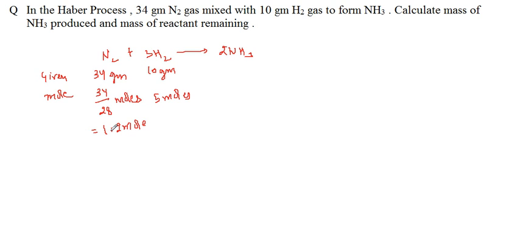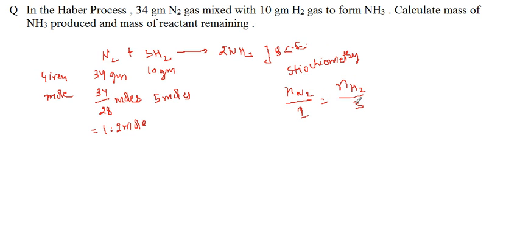Now, this is a balanced chemical equation, so according to stoichiometry, moles of N2 by 1 should be equal to moles of H2 by 3, which should be equal to moles of ammonia divided by 2.